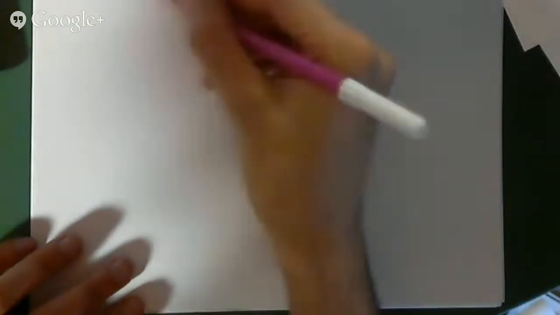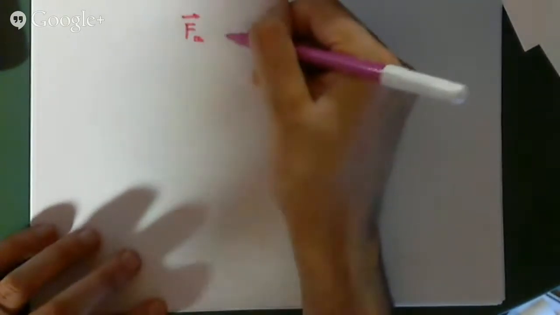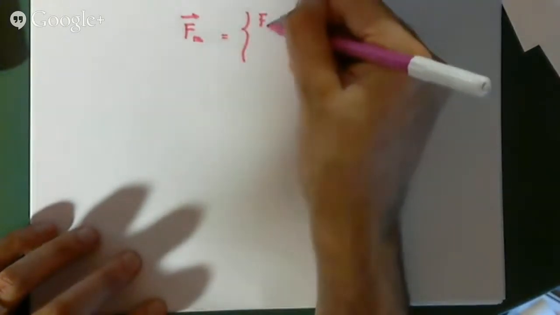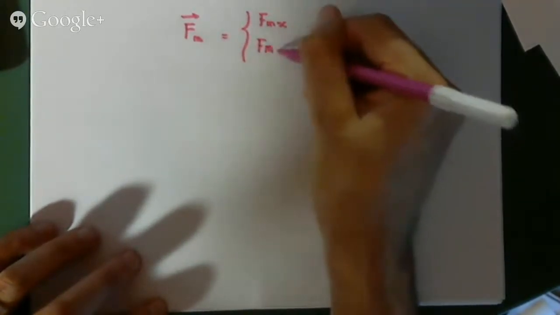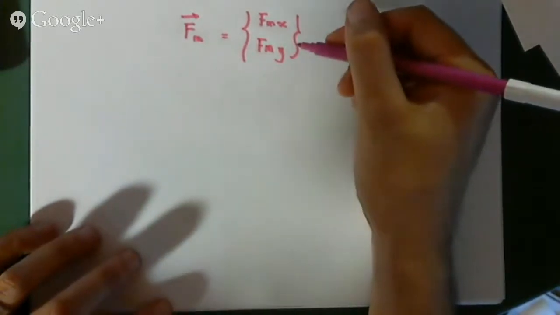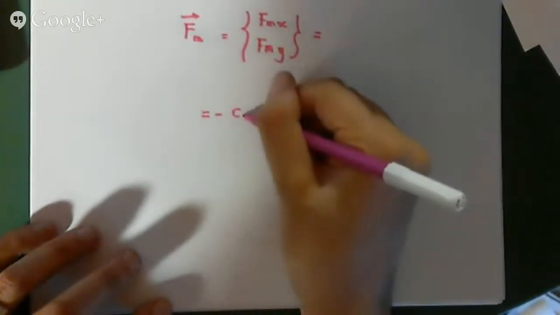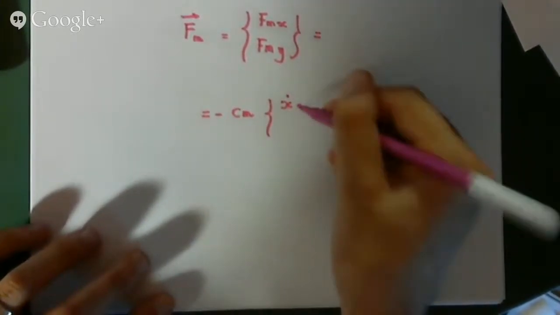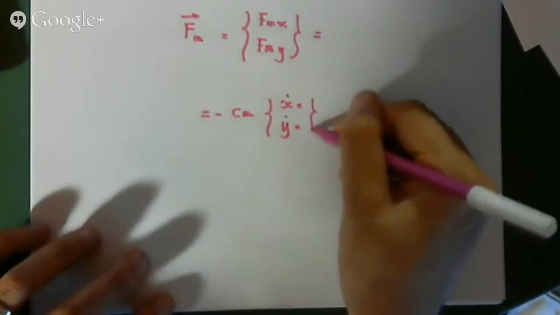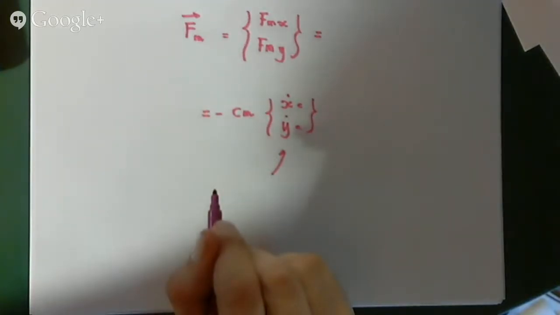So we can write the vector F non-rotating, Fn, equal to Fn along the x-axis and y-axis, proportional in the sense of minus Cn times x dot C, y dot C. And this is the velocity of point C in a non-rotating reference frame.